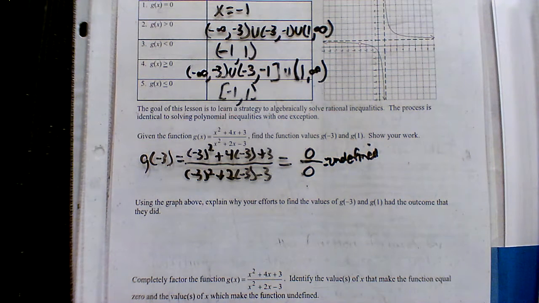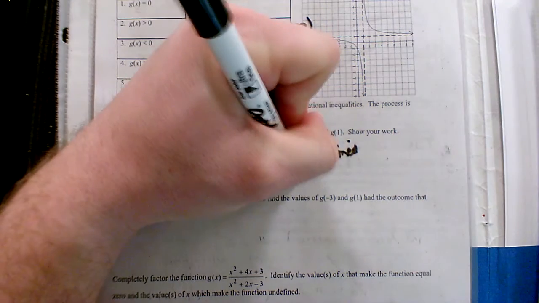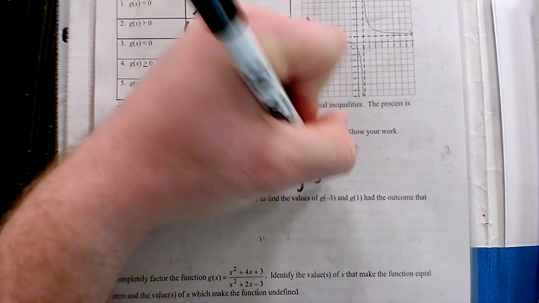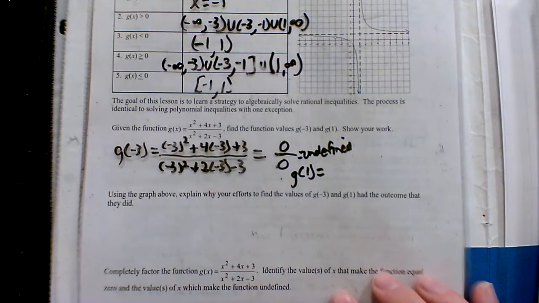Now show the work for g of 1. I know I didn't leave a lot of room. I'm going to try to squeeze it in here. So g of 1.